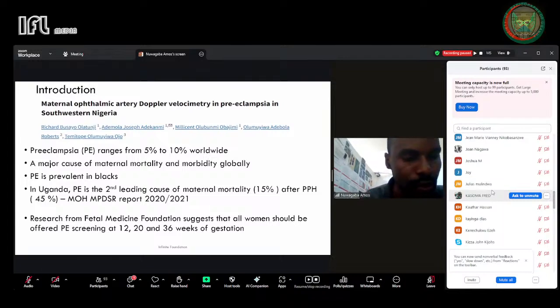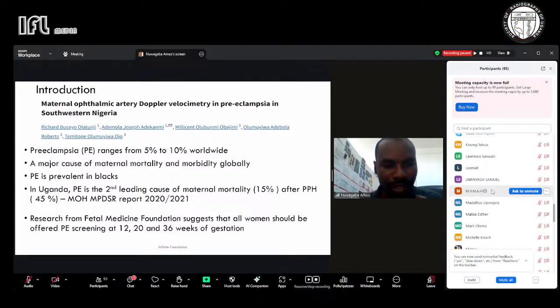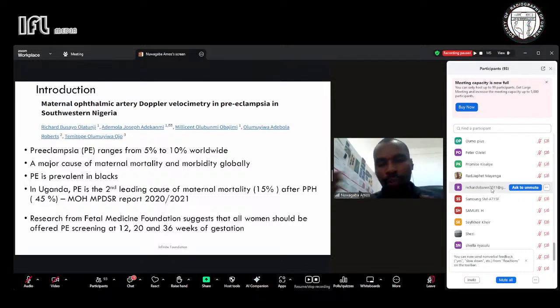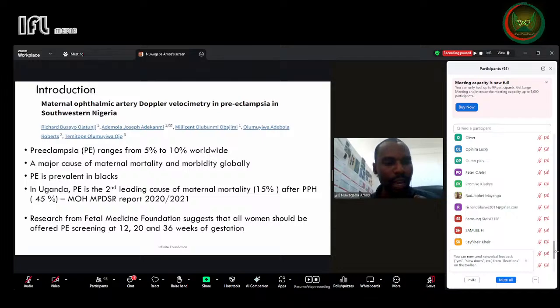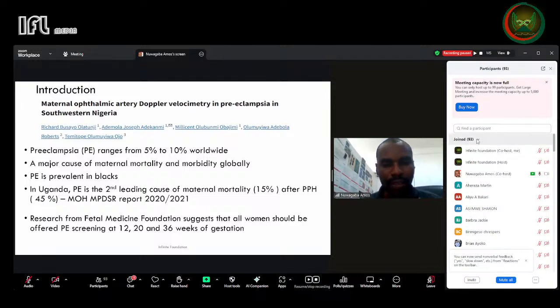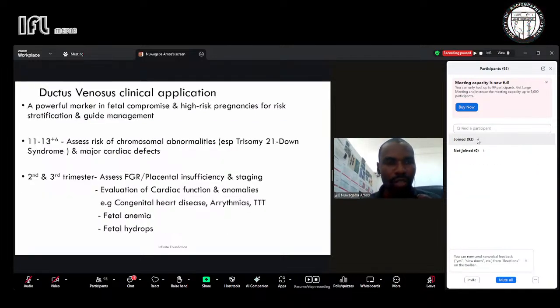There is also emerging research from the Fetal Medicine Foundation that suggests that regardless of the risk profile, we should offer preeclampsia screening to all women at 12, 20, and 36 weeks gestation.